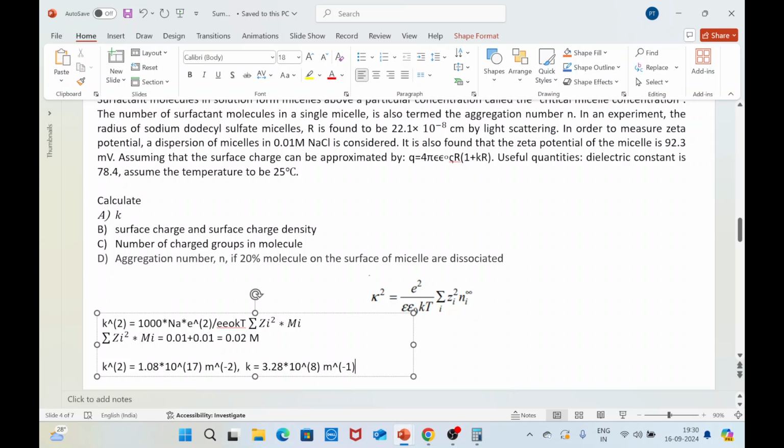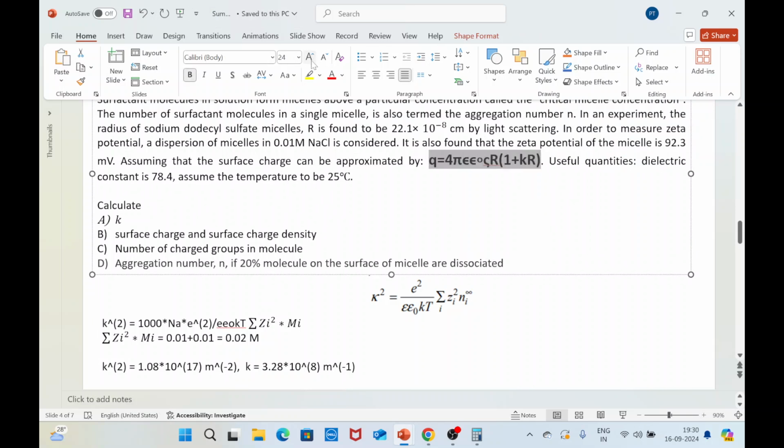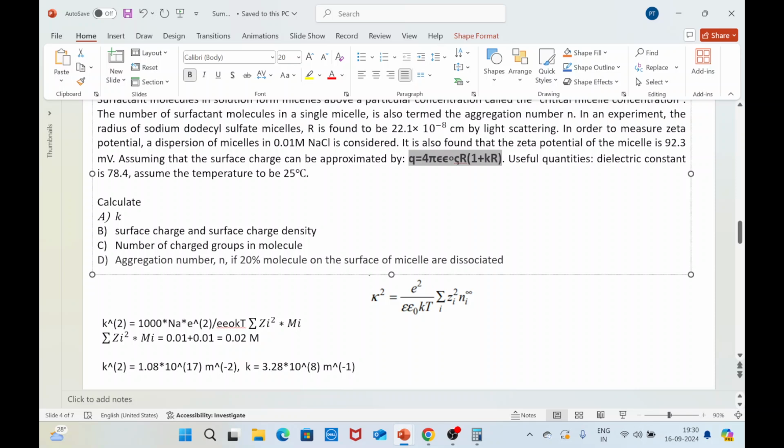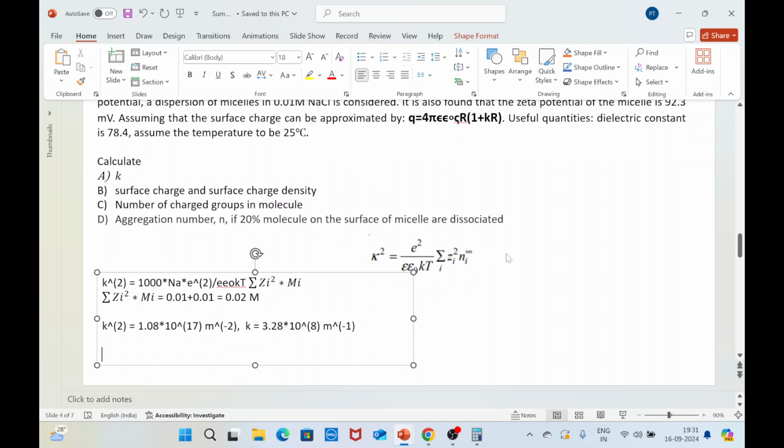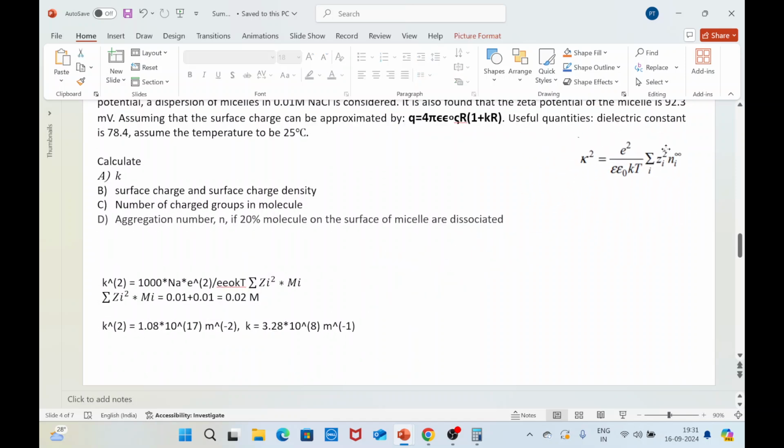So once you know kappa, for surface charge you have the equation given in the question. That is Q is nothing but 4 pi epsilon naught times zeta potential R times 1 plus kappa times R. So you can use that.